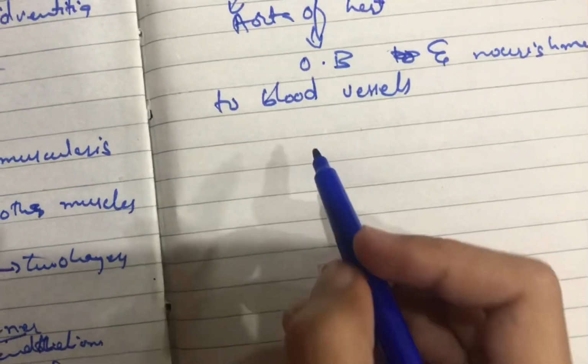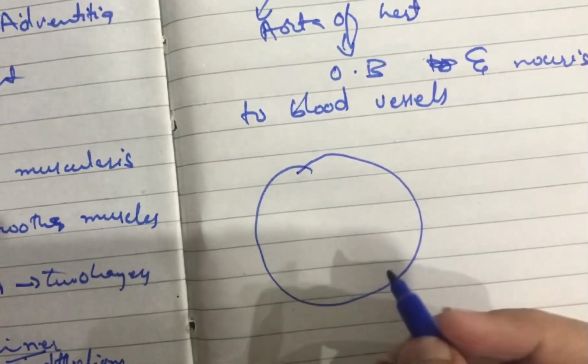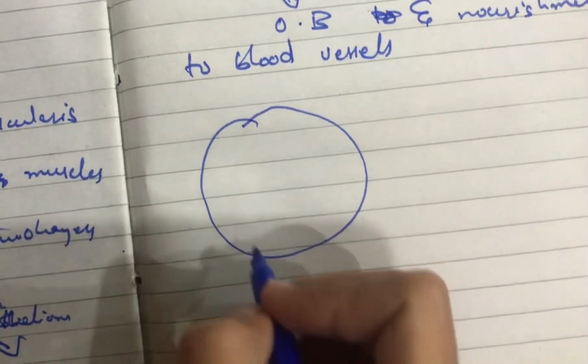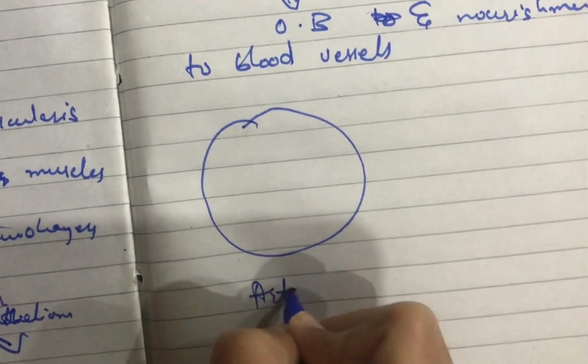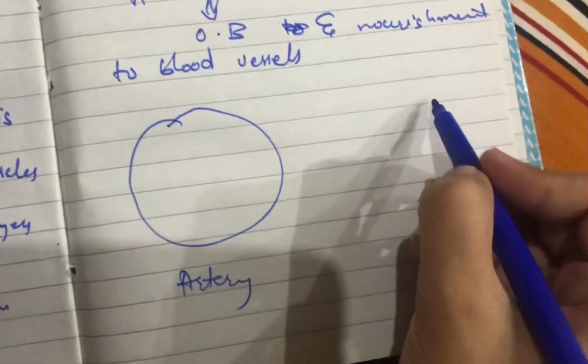Now for example, here we are having the transverse section of an artery, and it is of veins.